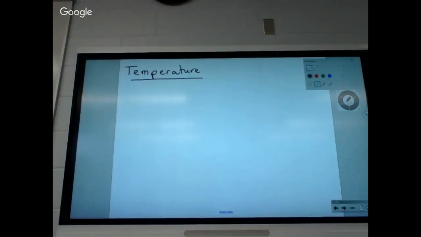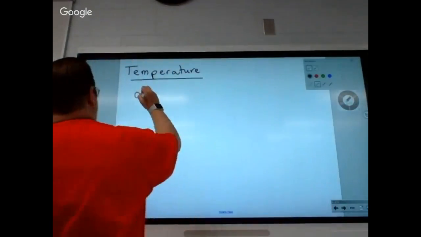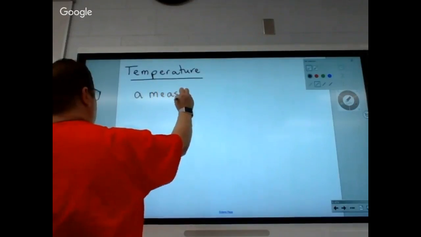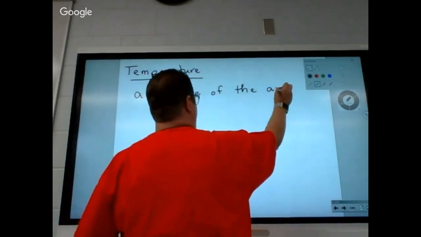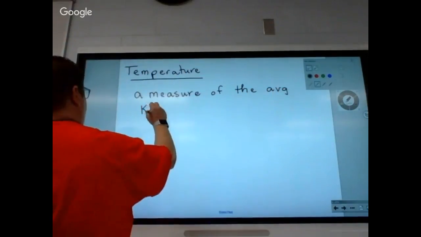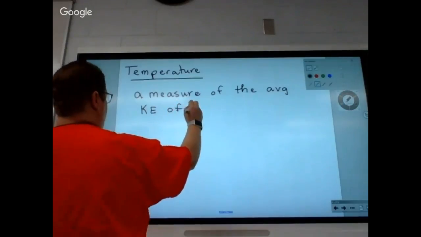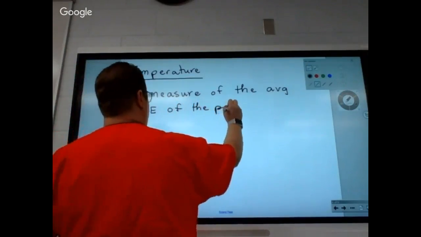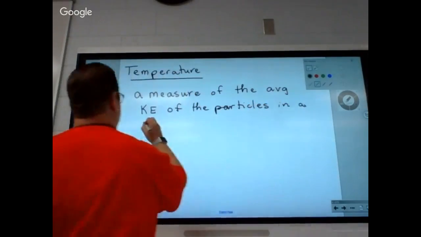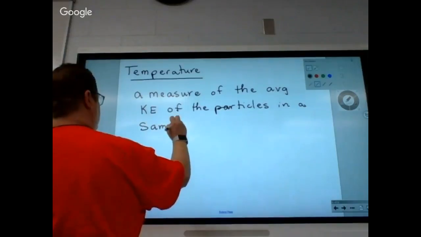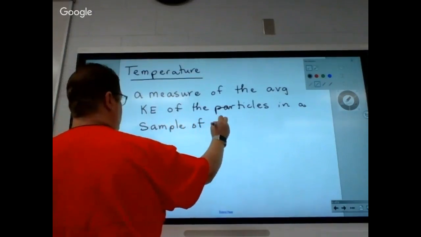We don't measure them the same way. They don't have the same units. They're not calculated the same way. So, what are the differences? Temperature is a measure of the average kinetic energy of the particles in a sample of matter.